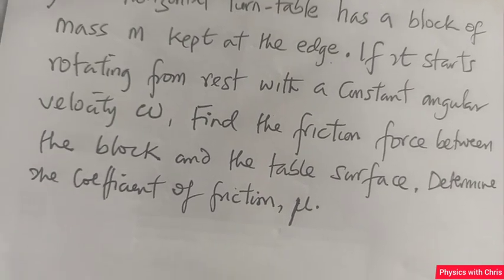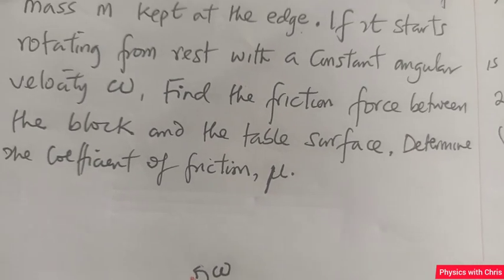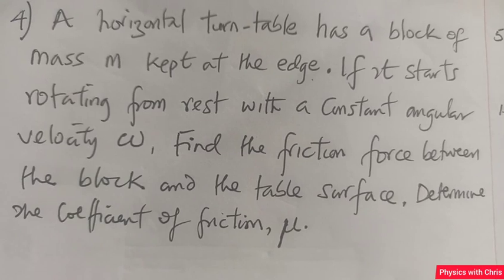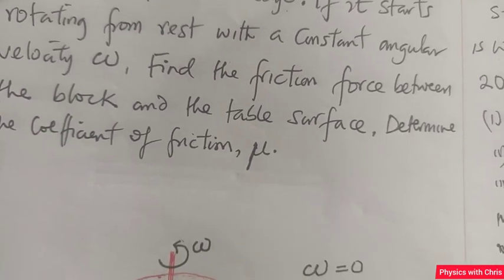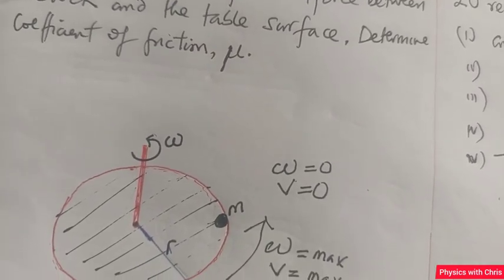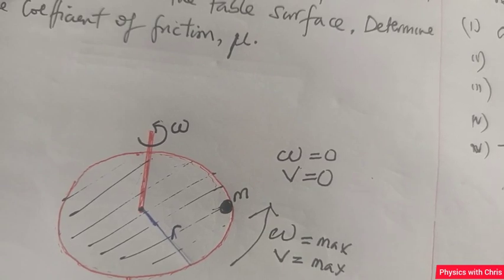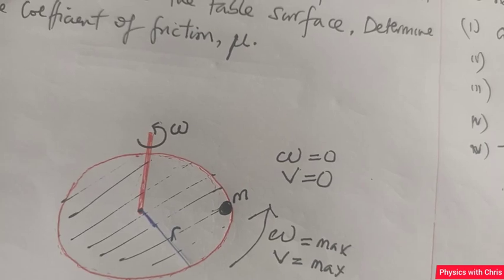Now we are told to find the frictional force between the mass m and the surface of the turntable. So very quickly, you need to understand again, as I explained in my previous videos, that when a body moves in a circle like that, it requires what we call the centripetal acceleration.